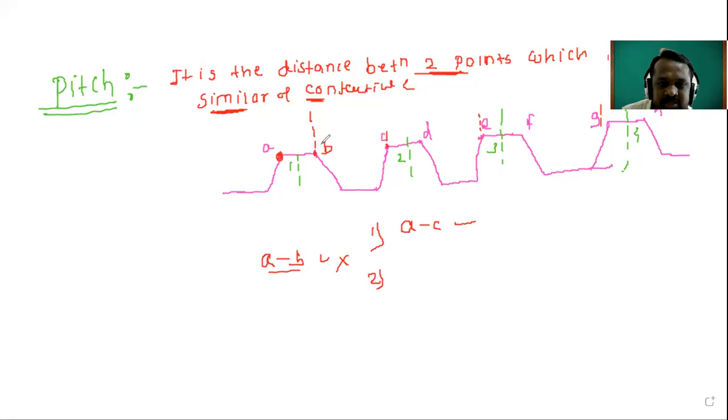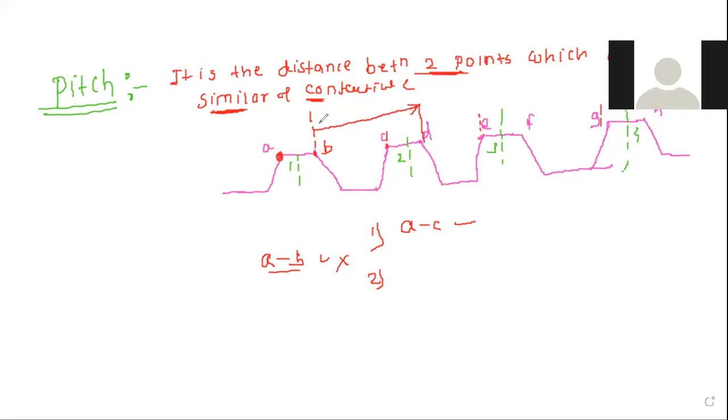B to D, it is pitch? Yes, sir. Again it is pitch. So pitch is nothing but the distance between two points which are similar and consecutive. You have to remember that point.